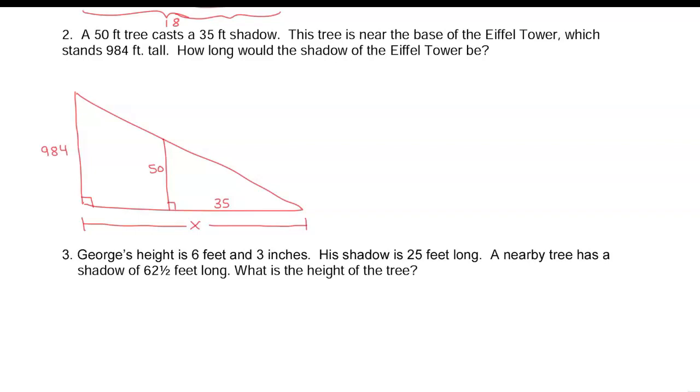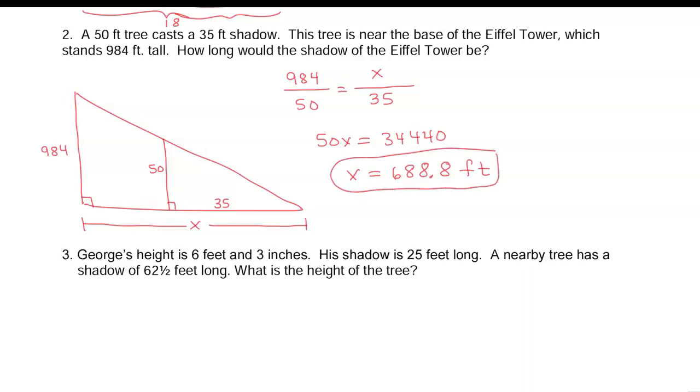So I will do a fraction where the height of the Eiffel Tower goes over the height of the tree, and then I'm going to do the shadow of the Eiffel Tower over the shadow of the tree. So that'll be x over 35. This should be easy on your calculator now. If you have to round in these math problems, let's round to the nearest tenths place.